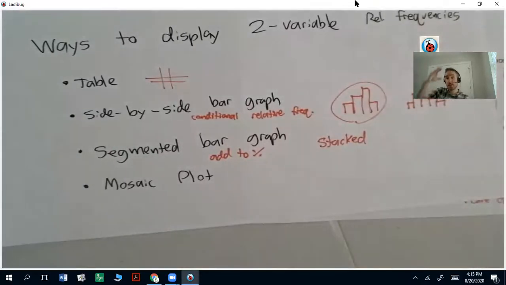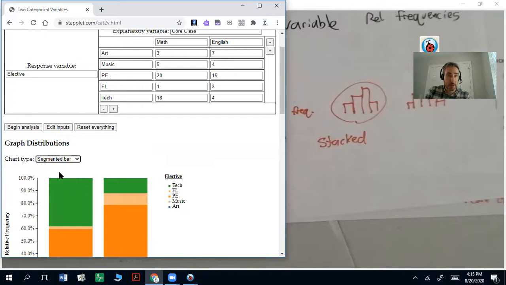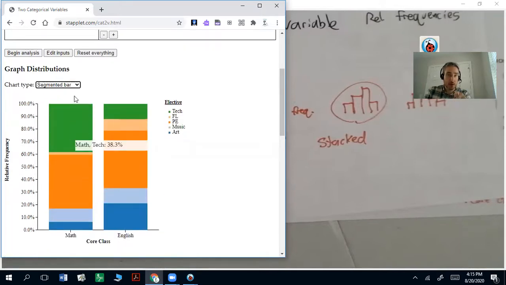You want to be consistent with which component or individual you're stacking on top. If you're drawing a side-by-side or a segmented bar graph, don't put the tech here, and then for this English one, put the tech down there. You want to keep them on the same level so you can compare how they work together. The point is to make an analysis and a comparison.